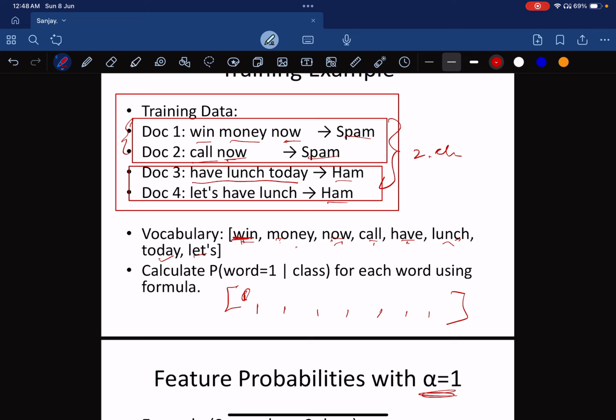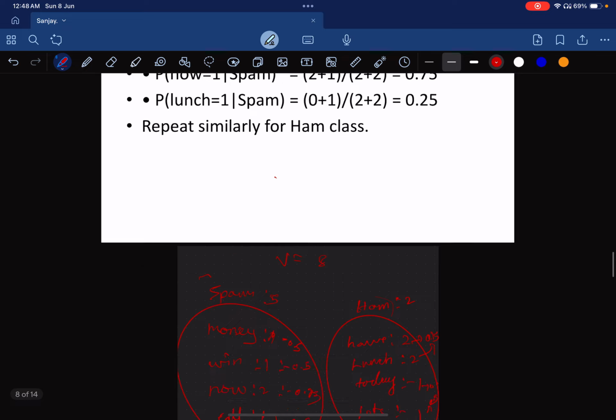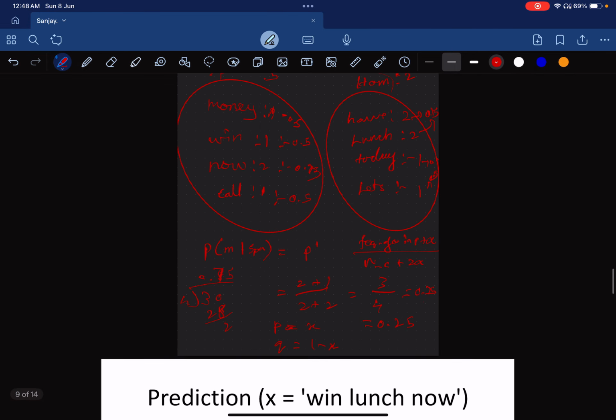So it will be helpful when you want to find the probability of any data belonging to that class, or the probability of data not belonging to that class. As I told, if the probability of data belonging to that class is 0.75, then the probability of it not belonging to that class will be 1 minus that.